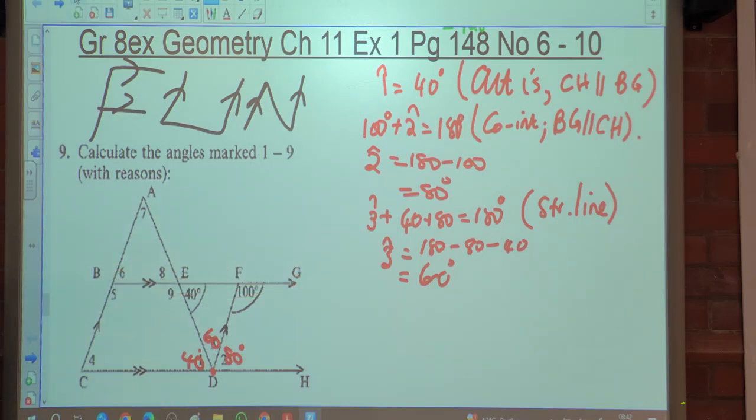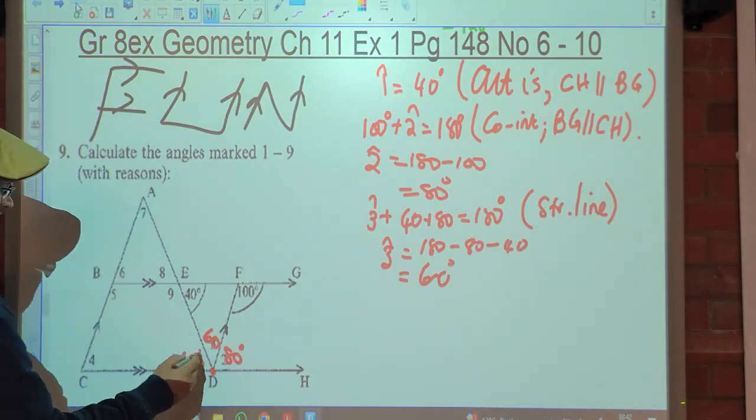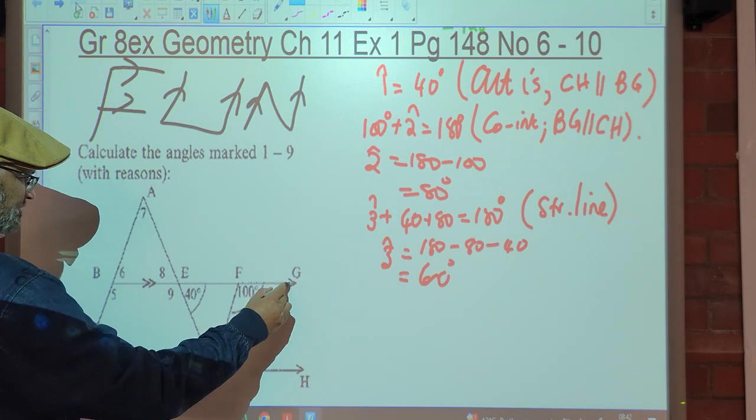Am I moving too fast? Huh? Are you serious? I'm moving so slow. Yes, Michael. So if you go co-interior with angle 3, shouldn't there be a parallel line marking?